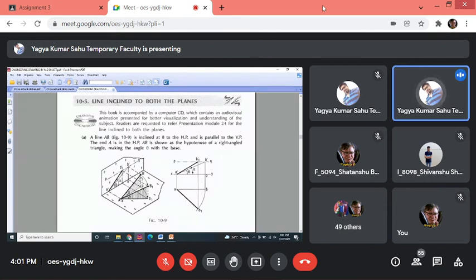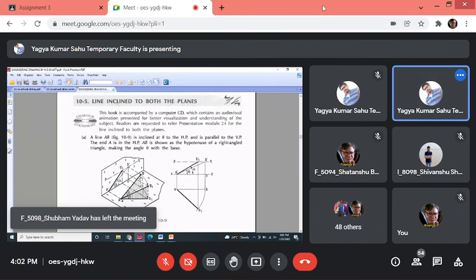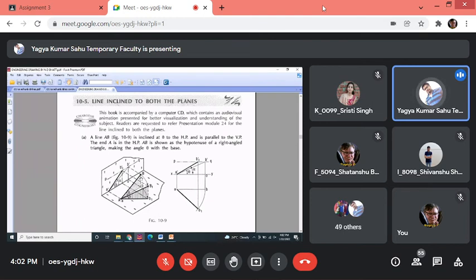The distance of capital B is changing or not while giving inclination to vertical plane? No, sir. Means it can rotate in a circular path. Is it? If you increase the inclination, it will rotate in a circular path.